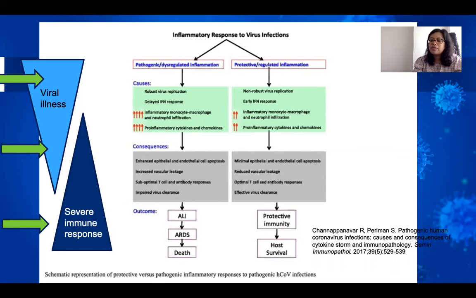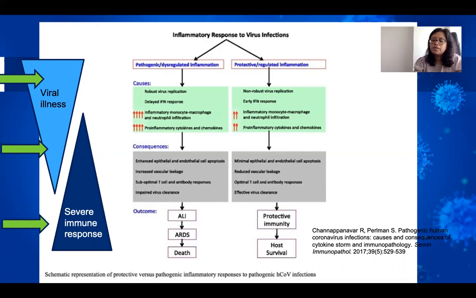And the last arrow is probably where tocilizumab is hoped to be working, and other treatments as well. Trials are looking to see if these other treatments are working in these patients with what we think is maybe a severe immune response happening. So hopefully we'll get some answers from clinical trials.